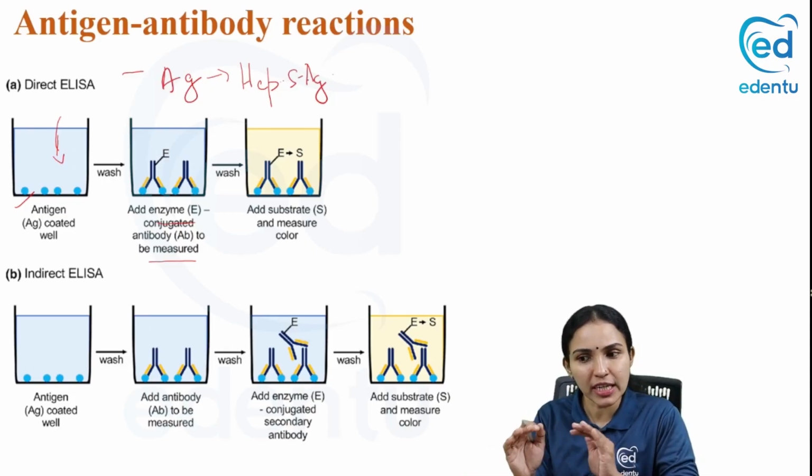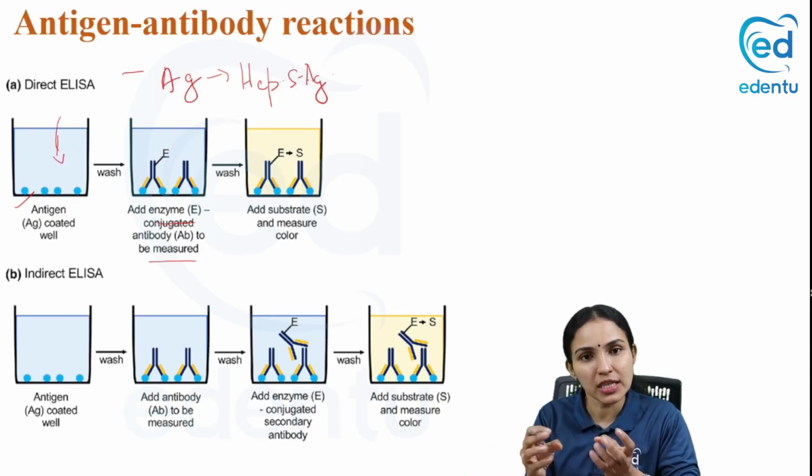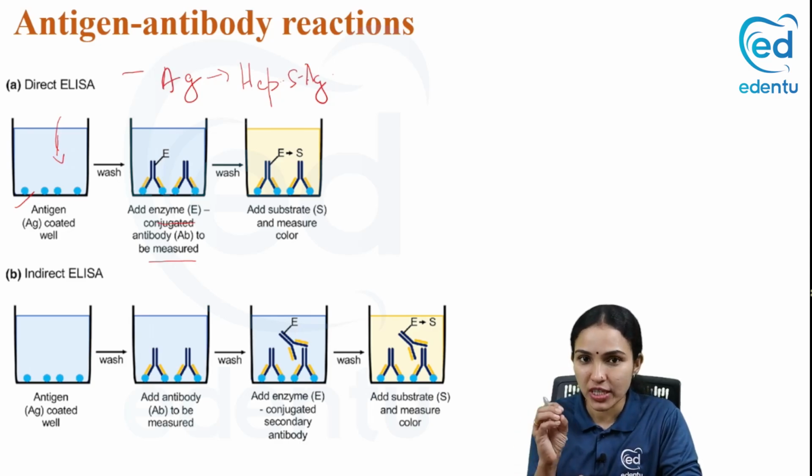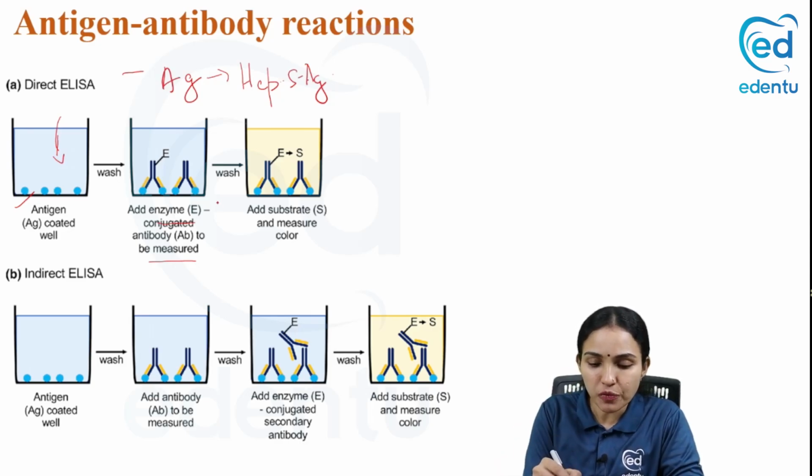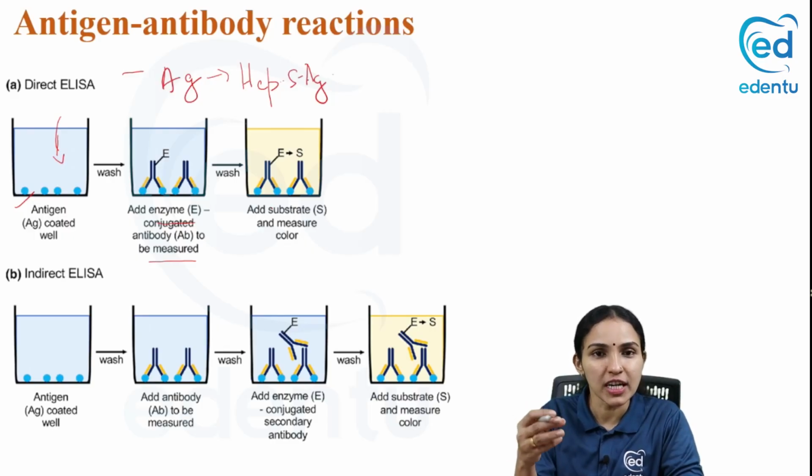We want to retain only the bound things. The free things you want to remove. That's why you are washing in between the steps. After washing, only the bound fraction will be remaining in the well. All the free antigens, antibodies will be washed away. So if the patient's serum contains that particular antigen, this enzyme conjugated antibody would have bound to it.